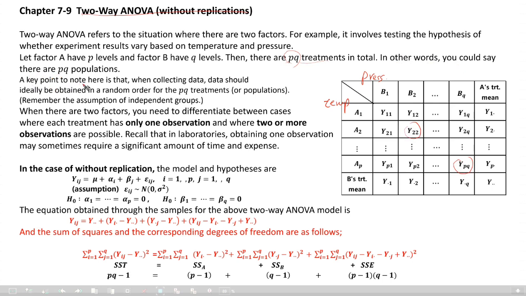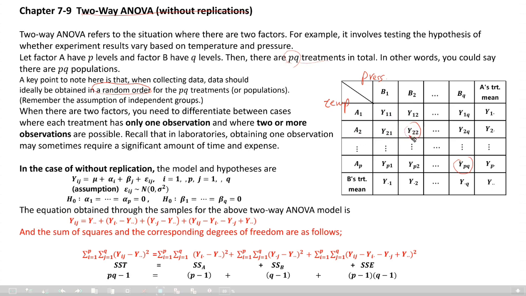A key point to note here is that data should ideally be obtained in a random order for the PQ treatment populations. So there are PQ treatments here, and you get only one observation.